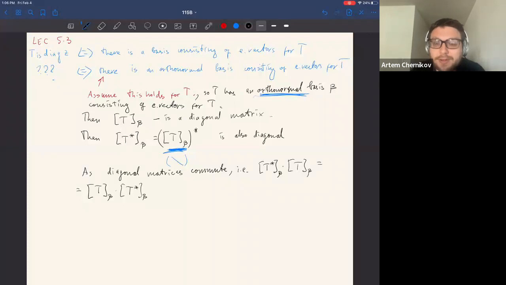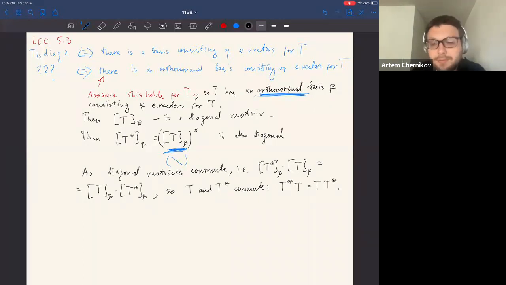And also remember that multiplying matrices corresponds to taking the composition, right? And so we can conclude that the linear operators T and T star also commute, right? Meaning that if I take the composition T star T, it's the same as taking the composition T T star.